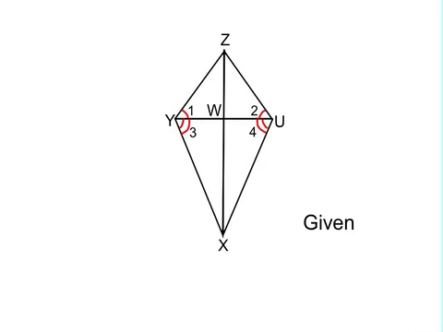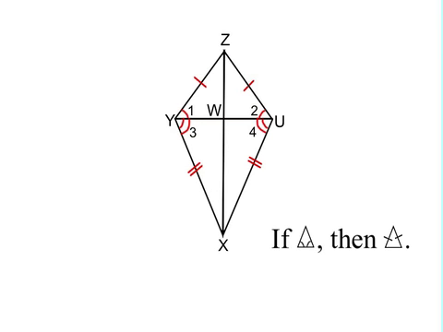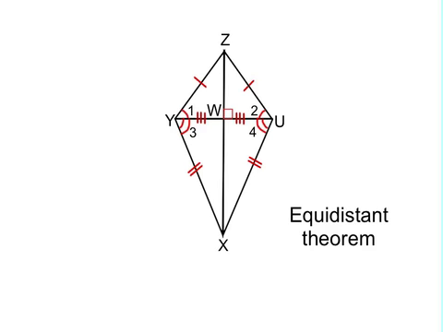But now that we've proven the equidistant theorem, we can start with this given, use the given pairs of congruent angles to show these segments are congruent, and then we can apply our equidistant theorem to prove that ZX is the perpendicular bisector of YU. We've saved a lot of steps now that we know and have proven the equidistant theorem.